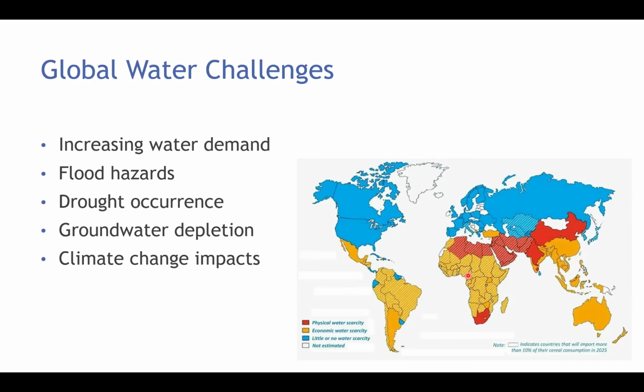Due to this, the Earth's surface temperature increases gradually, and this increase in temperature will cause change in our long-term weather patterns. These long-term weather patterns get affected, and it may lead to intense rainfall events and also prolonged drought events. So these are some of the challenges that we are facing today.